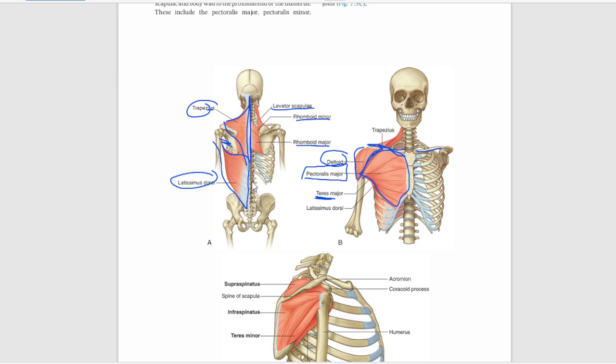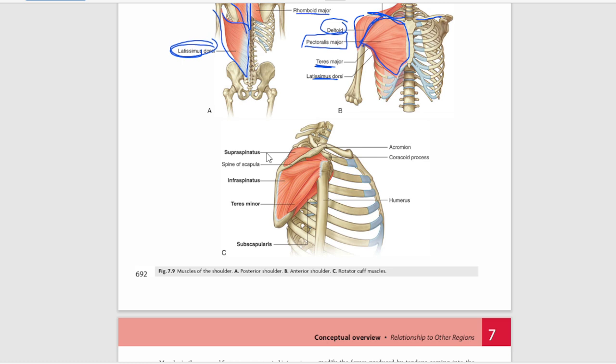Now go to this side: the supraspinatus, infraspinatus, teres minor, and teres major, but it is not shown here. This is the spine of the scapula. If the spine of the scapula becomes enlarged, it is called the acromion. On the front side of the scapula there is the coracoid process.